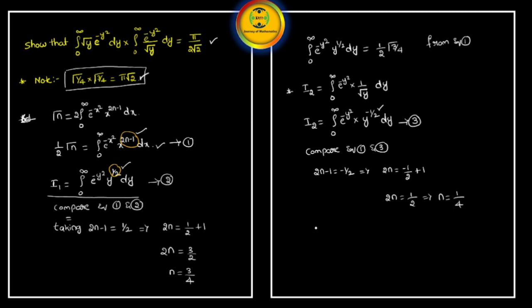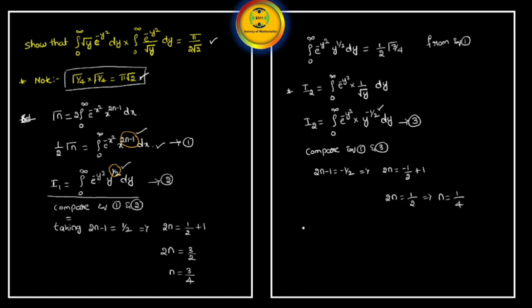Now what is the given problem? The first integral I have taken as I1, the second integral as I2, and I want to find I1 into I2. We still haven't found the I2 value.